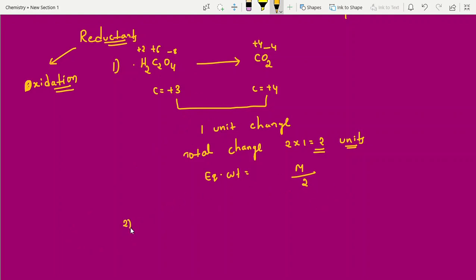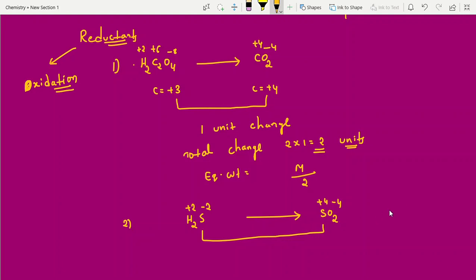Second one, H2S. Can you try this one? H2S means definitely it's converting into SO2. This is +2, this is -2, this is -4, +4. Yes, -2 to +4, increased oxidation state. How many units?